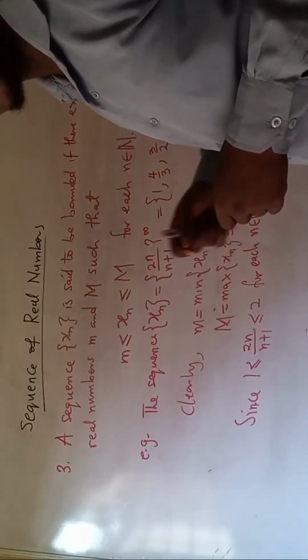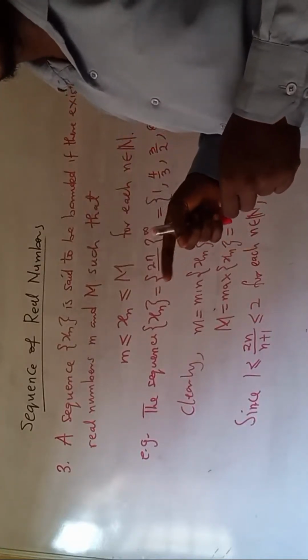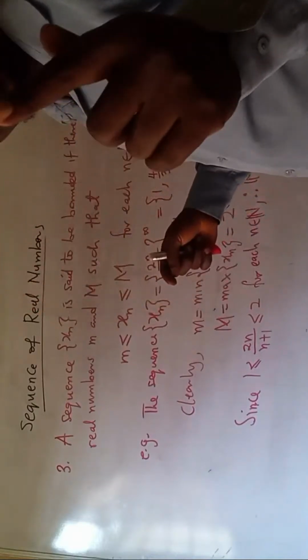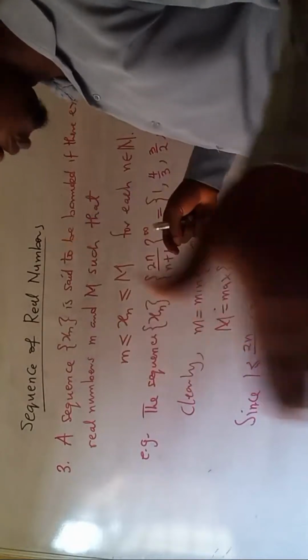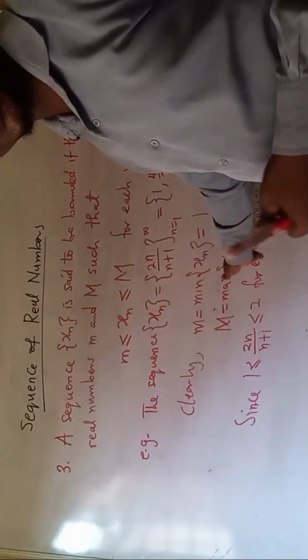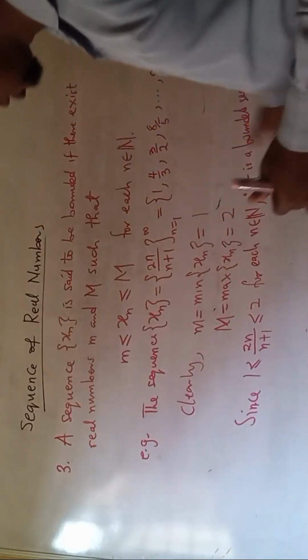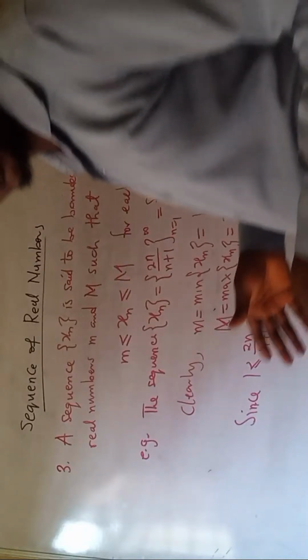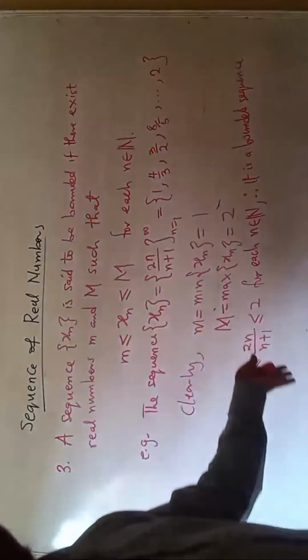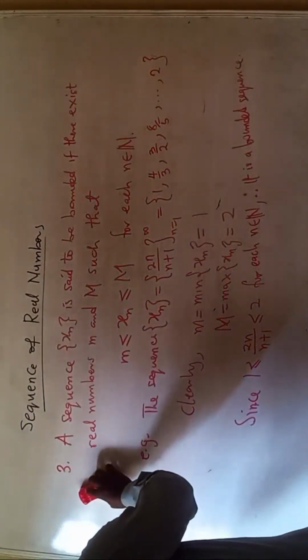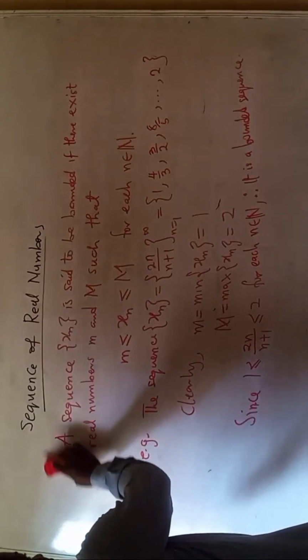We say it is bounded if it has both the lower part and the upper part, as seen here. Next, we want to give a formal definition for boundedness.